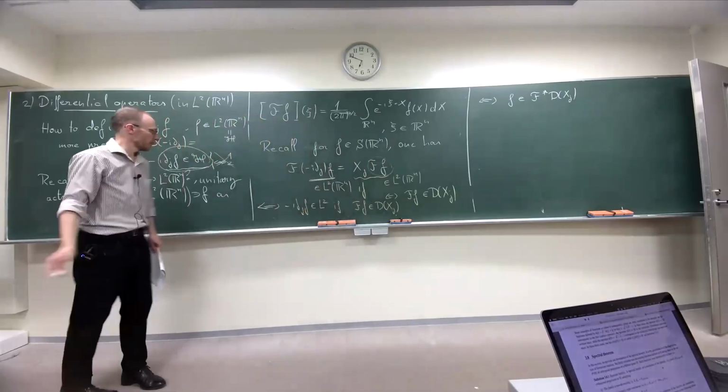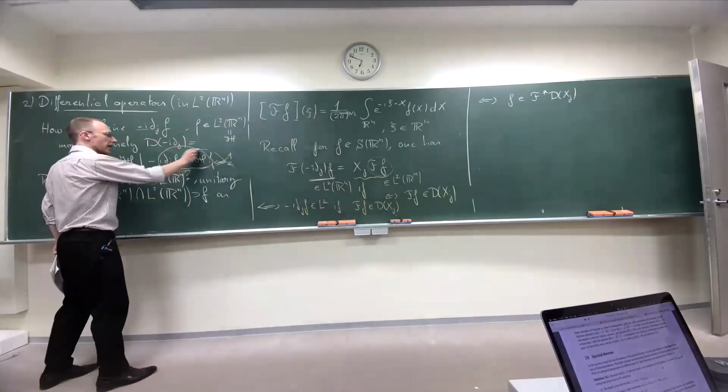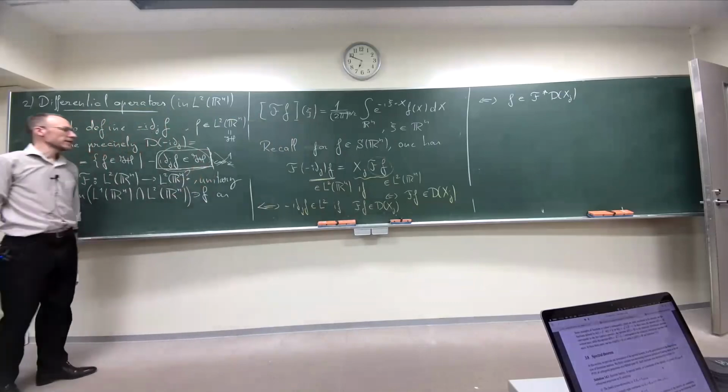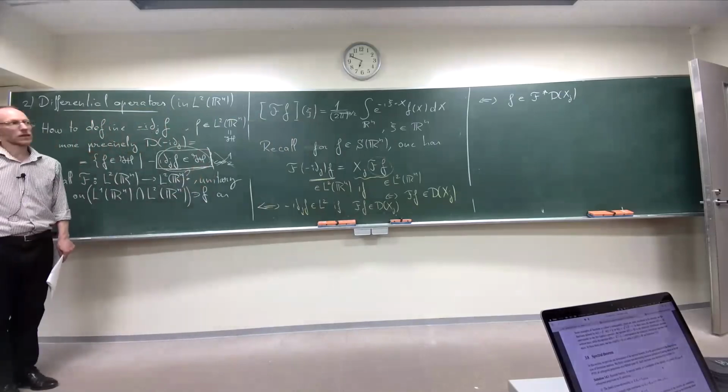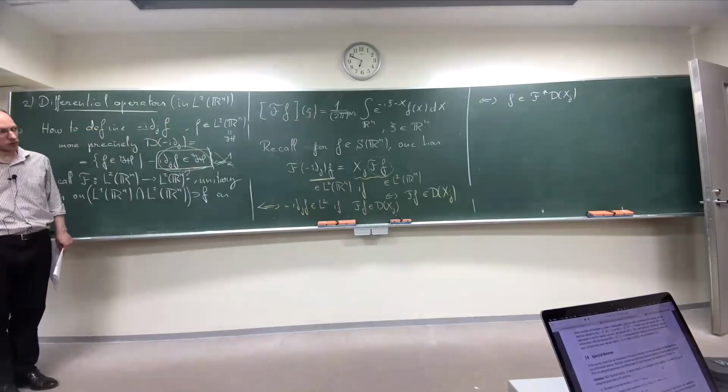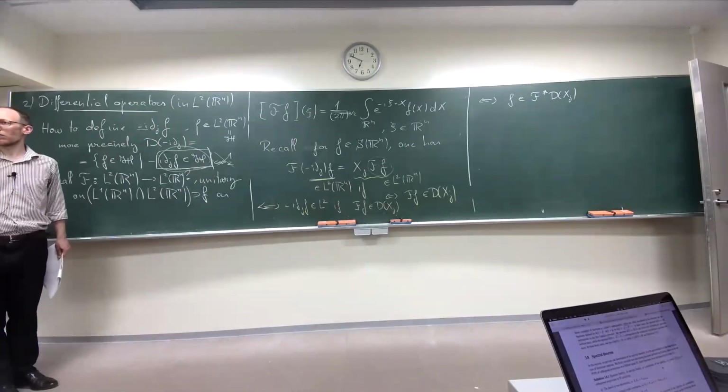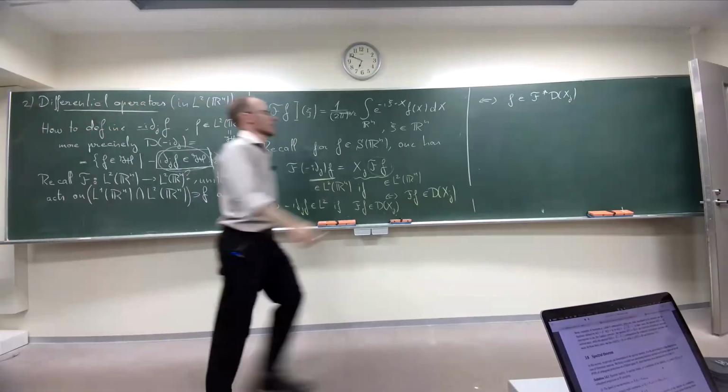So we have it now. This is in the domain of H if f is in the image by the inverse Fourier transform of the domain of Xj. And the domain of Xj is something quite simple. You need an integral to be finite. So, conclusion.